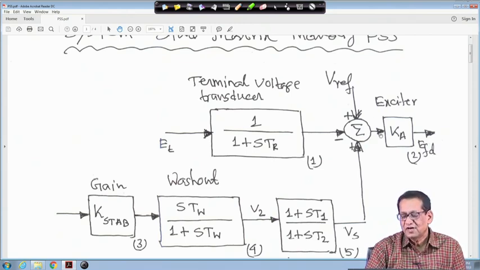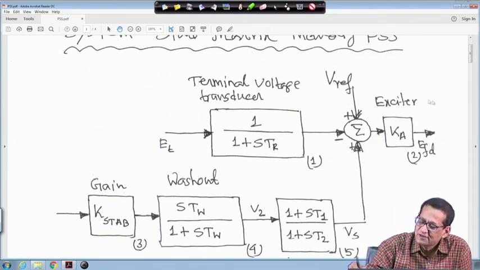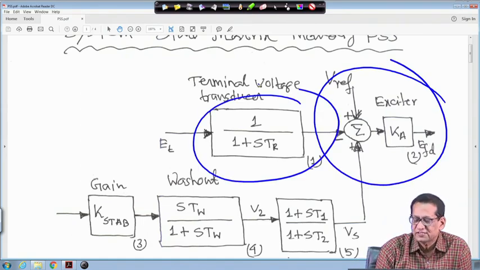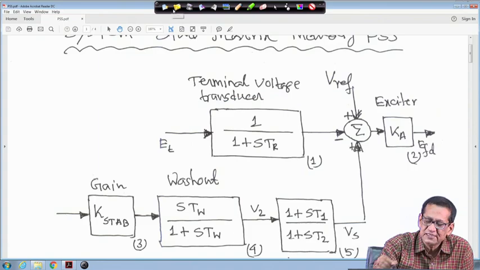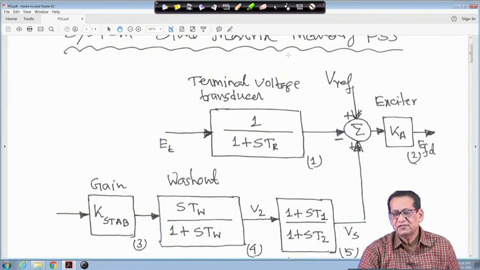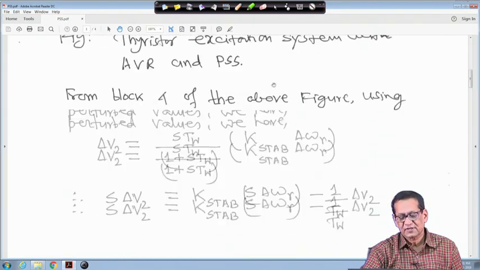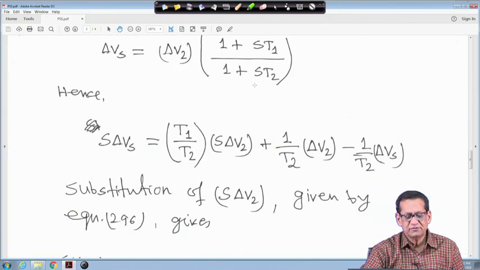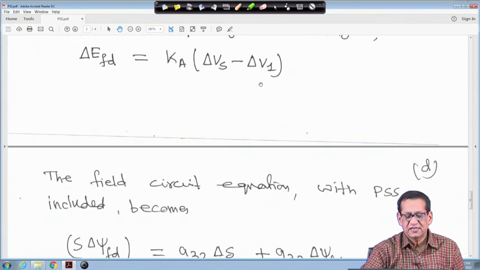From this block, including this one, for small perturbation we take only delta ET, delta EFD. Just open the block diagram, you yourself can easily do it, right.